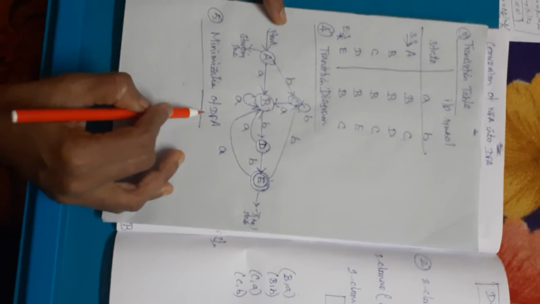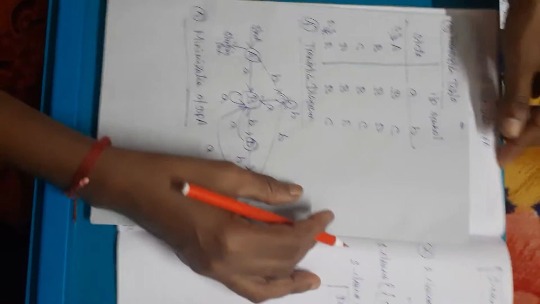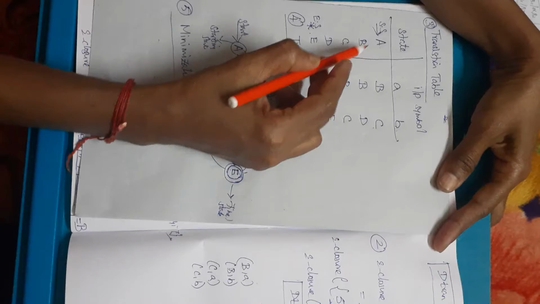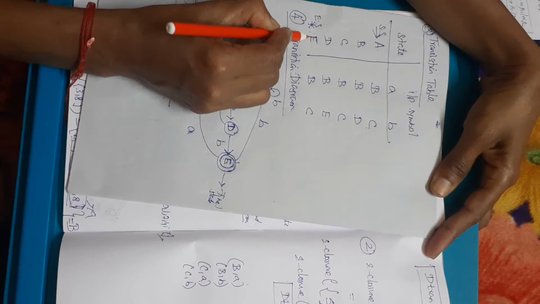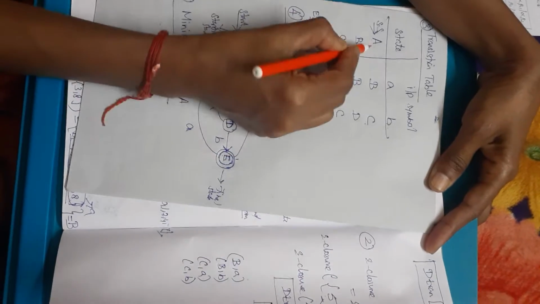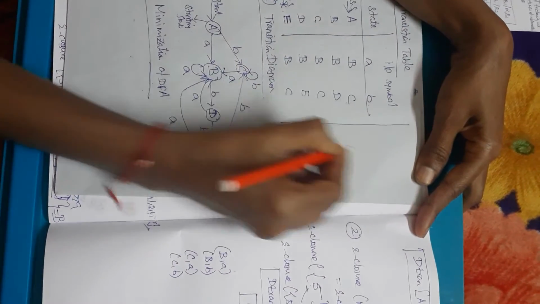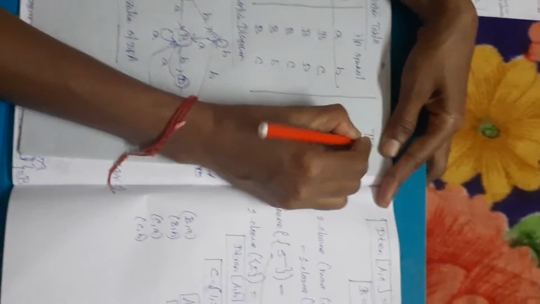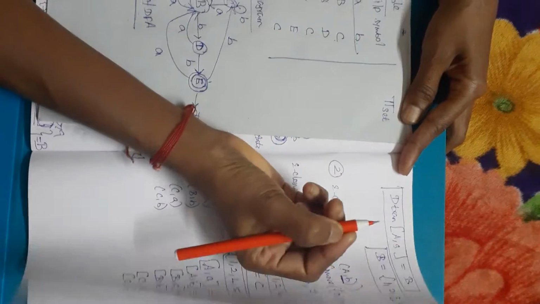So next step, minimization of DFA. Okay. How to check for the minimization? Based on the transition table. Check here. You have 5 states, A, B, C, D, E. So E is the accepting state, A is the starting state. How to do the minimization? Here I am considering pi. So the pi is a set having 2 groups.